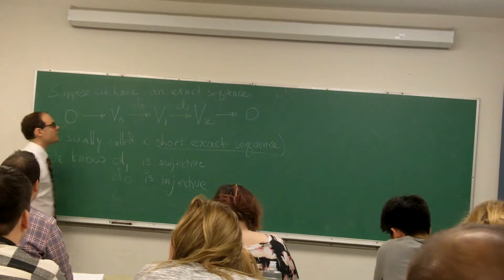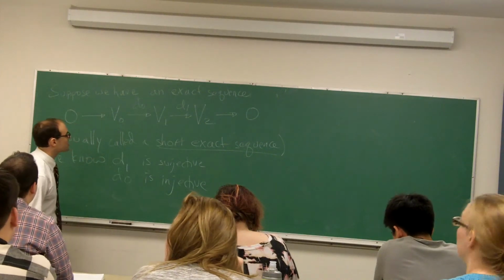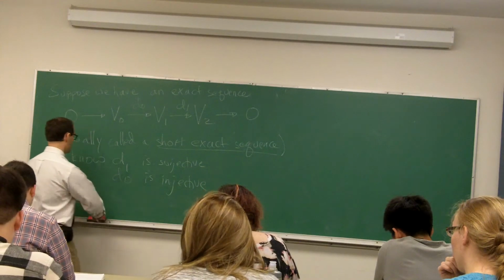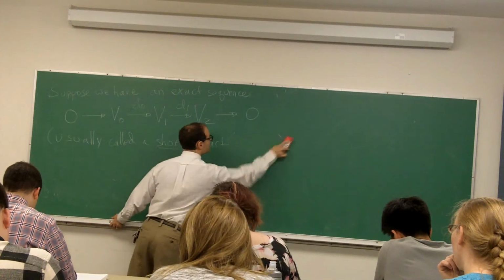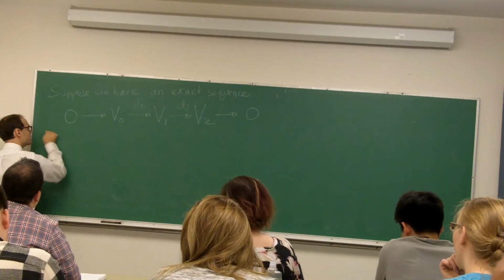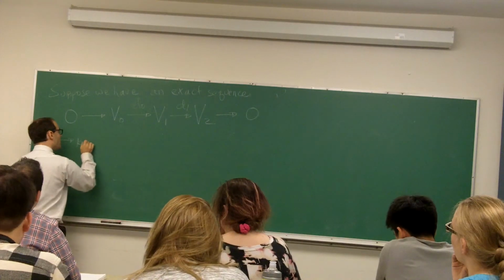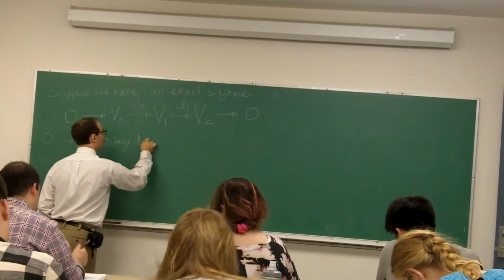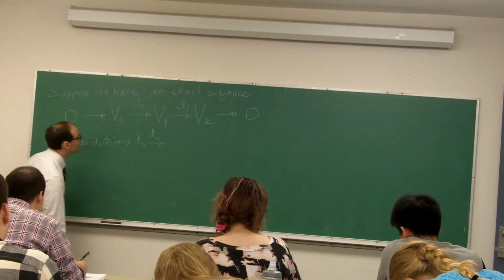Let's, again, tear these apart in terms of kernels and co-kernels. So in this special case, we have that same construction I had on the board a moment ago. I'm going to make use of my space a little carefully here. So I've got 0 maps into the kernel of D0 direct sum the image of D0. This is D0. Then this guy here is in terms of the kernel and the image again.